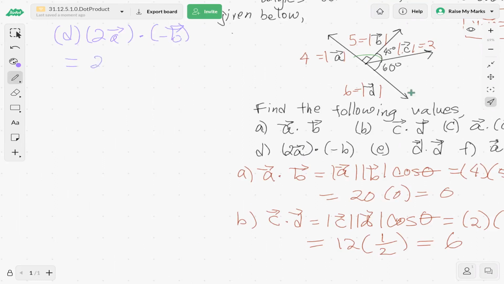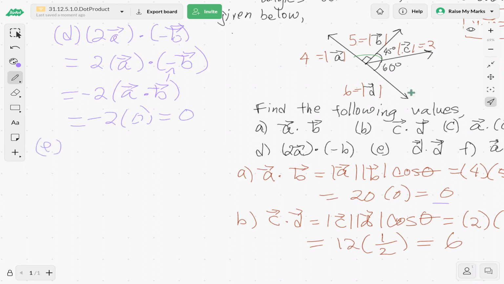We can take the 2 out, and you can also take the negative out and rewrite it as negative 2 times A dot B. But we found the dot product of A and B in part A, and that was 0. So it's negative 2 times 0, which is 0. Easy.